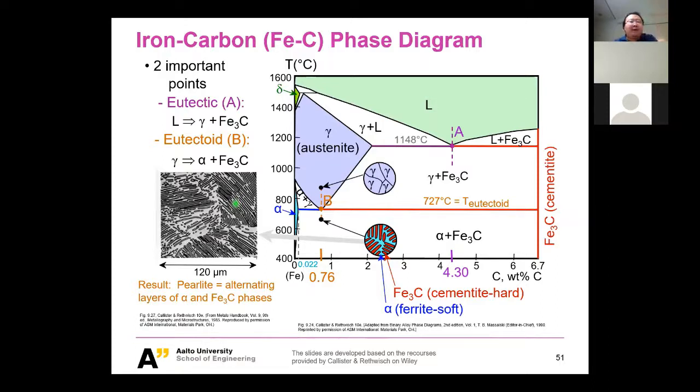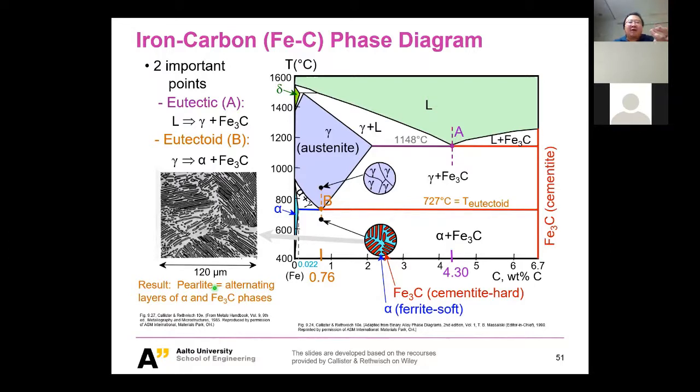And because it is such an important structure, it's not a phase, by the way. You have to be clear here. This is not one solid solution phase, but because it's so unique, we also gave it a name. It's called pearlite.